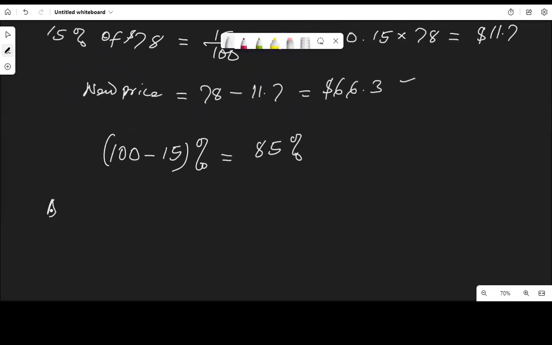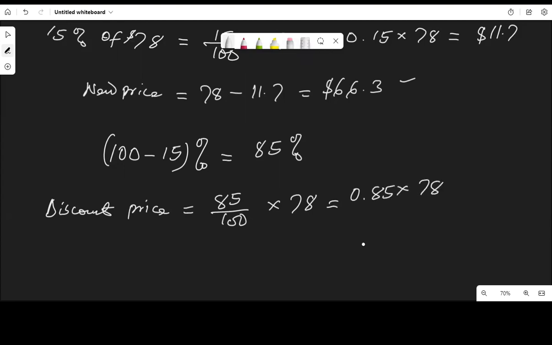So the new price after the discount is 85 over 100 times 78, which is 0.85 times 78.